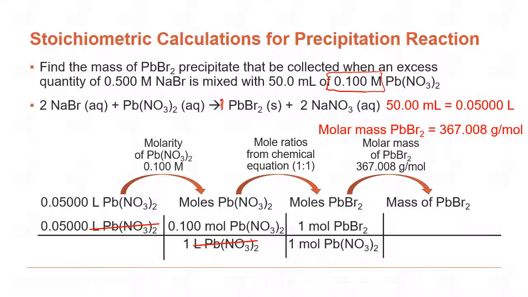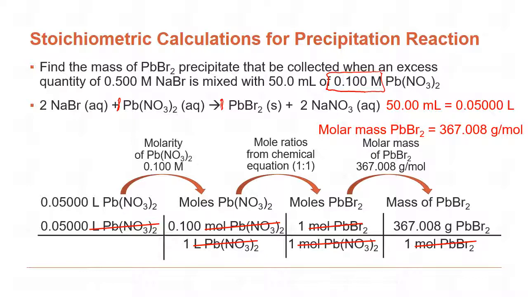That tells me how many moles of lead nitrate I'm starting with. That in turn, using the 1-to-1 ratio between the moles of lead bromide, again, 1 mole understood here, 1 mole understood there. I want to cancel moles of lead nitrate and keep moles of lead bromide. That tells me how many moles of lead bromide I should be able to produce.